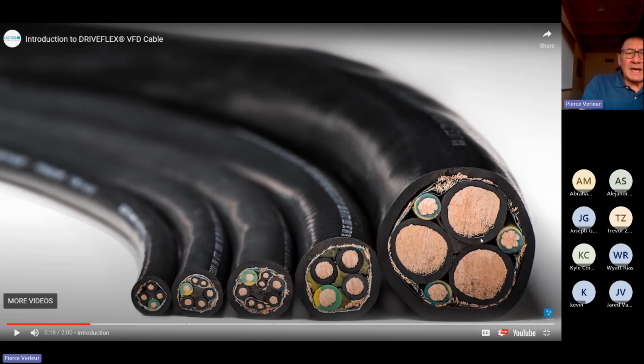You want an easy path for that noise to sink down to ground, so it doesn't start bouncing around and affecting other things, creating capacitive discharge, etc., which we'll talk about in a second. The higher the surface area, the more finely stranded the cable is, the higher your chances are that you're going to sink your higher frequency noise to ground.